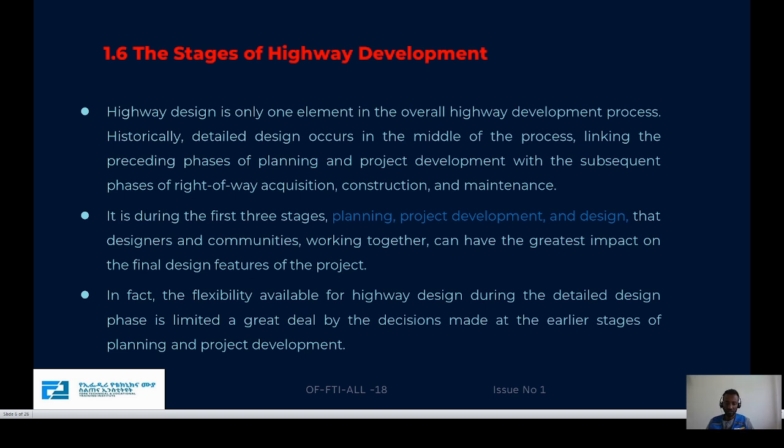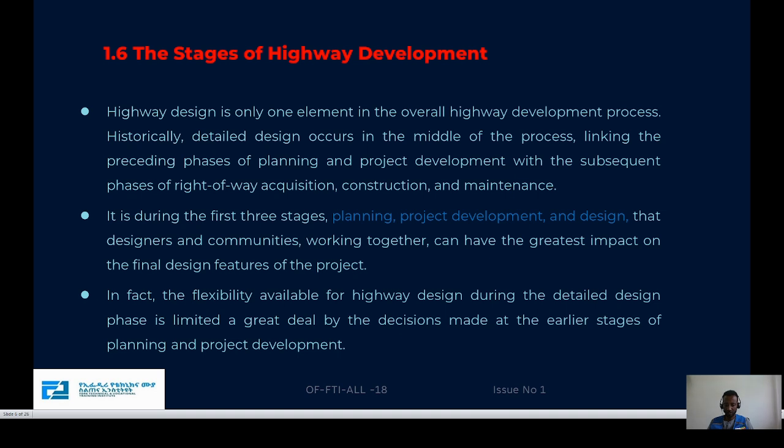The first three stages are planning, then project development, and then design. Designers work together with communities, and this working together has a greater impact on the final decision features of the project. In these three parts the community must mostly participate.